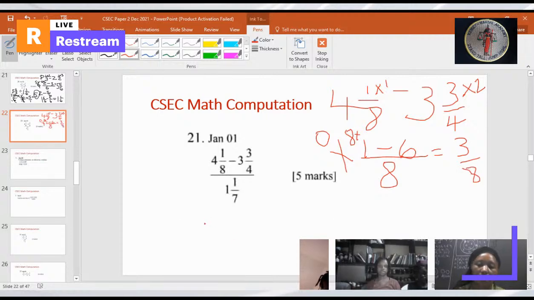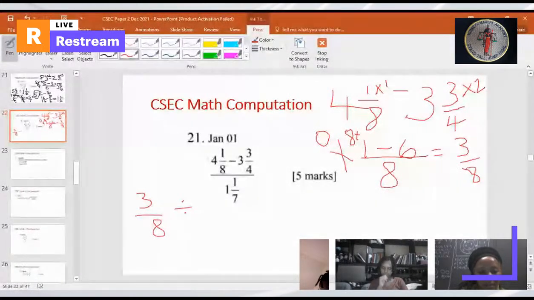Miss, that's the numerator. So now we have this down here. So 3 over 8 divided by 1 and 1 over 7. So first write back the 3 over 8.